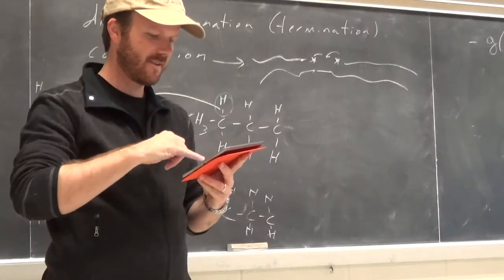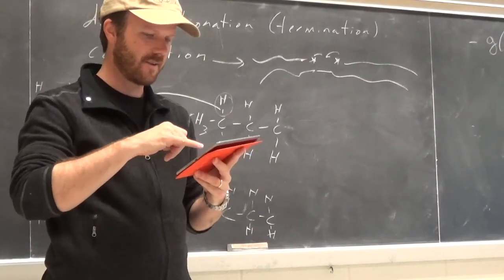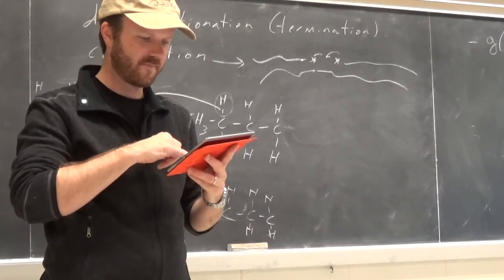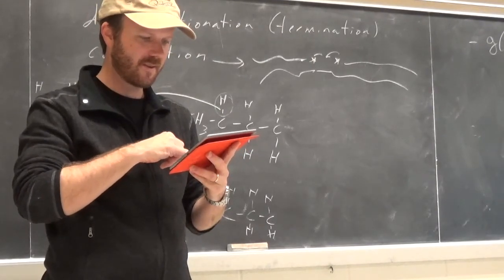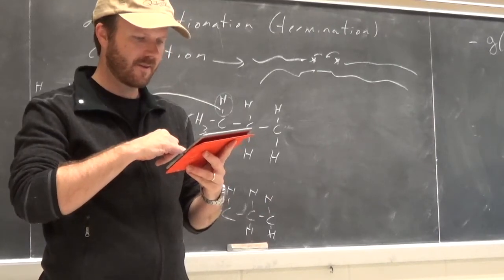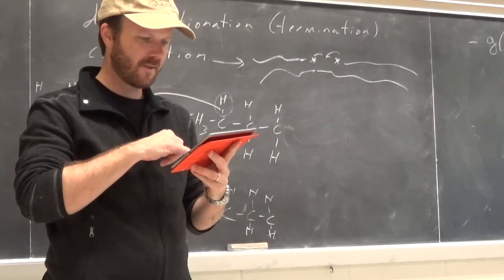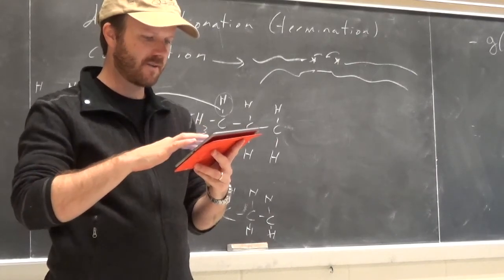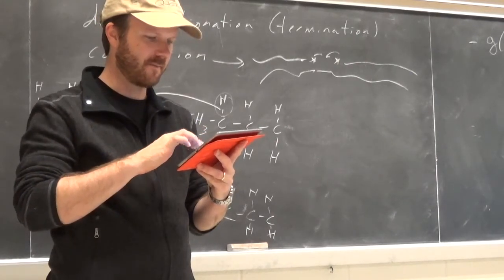I know there's a specific note set for disproportionation. Let me make sure that I get it right here so I don't mislead you. I think it's just two chains with free radicals, and one can just take a hydrogen from another and form a double bond. Are they both free radicals for disproportionation? Let me make sure.